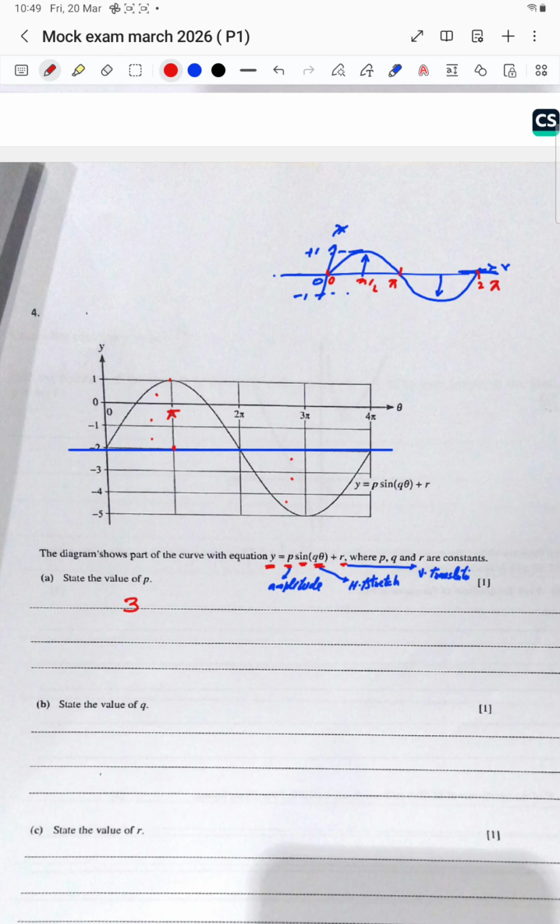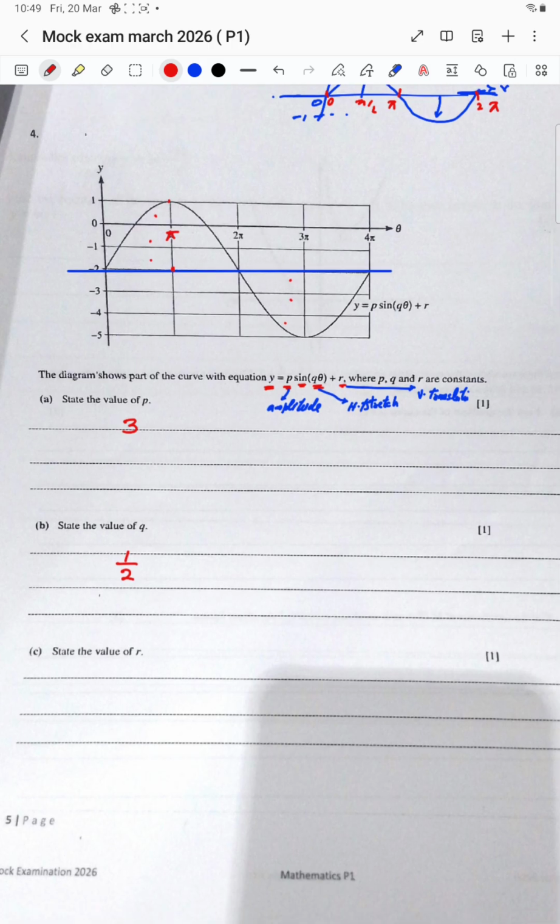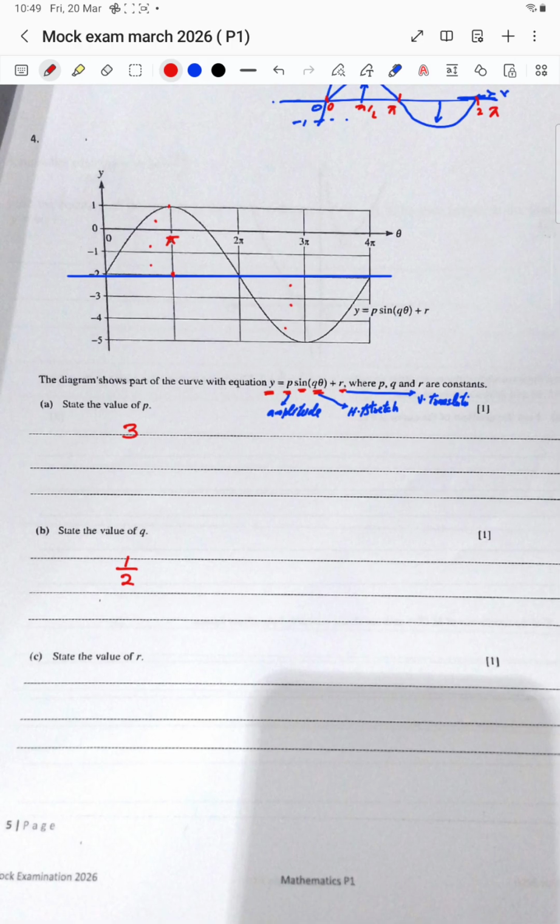So it's half of this, so you can write 1 by 2. The horizontal stretch is 2 times. We know the value of q is always the reciprocal of the stretch factor. This stretch factor is 2 horizontally, so we will write 1 by 2.